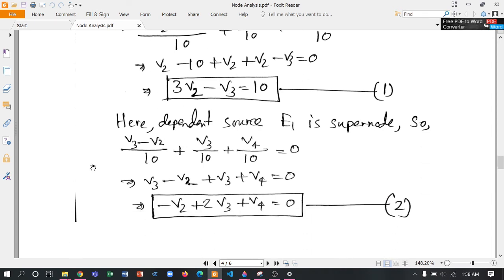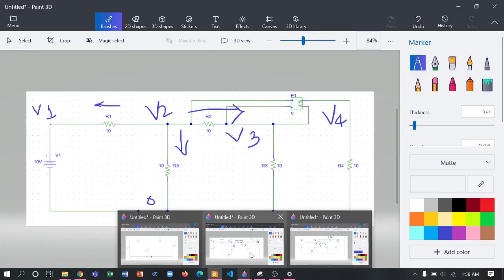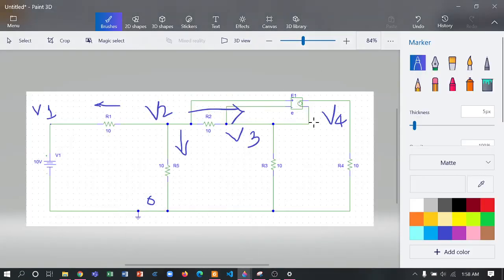Then we are going to say that here is a dependent source E1. E1 is a dependent source and it's a voltage source. Most importantly, it is connected between two branches, so we can say it is a supernode. For a supernode, we consider this whole thing as a node, so we will make a node analysis on this node.